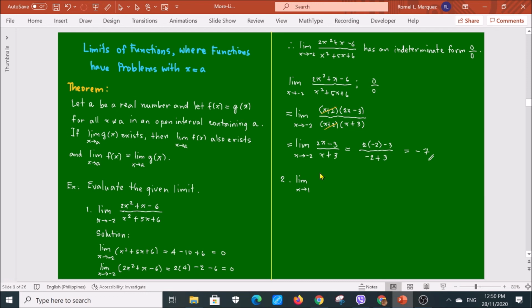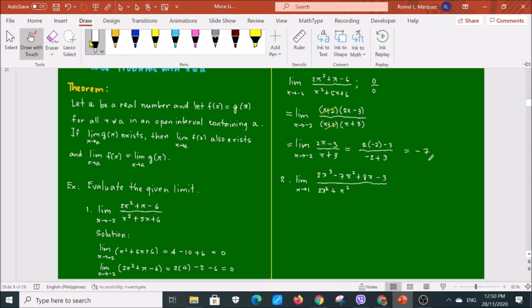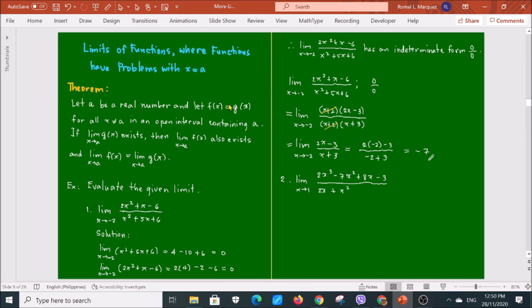So 2x cubed minus 7x squared plus 8x minus 3 all over 2x cubed plus x squared minus 8x plus 5.